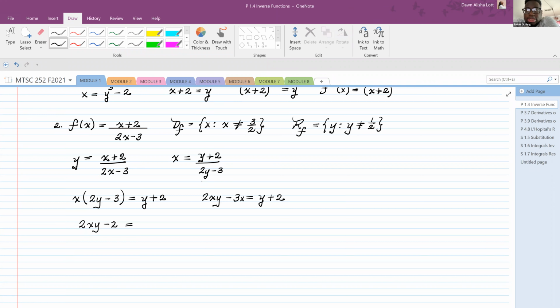Okay. So I get 2xy minus 3x. Move the y to the left, move the 3x to the right. Okay, so solve for y. Why am I getting a 1?